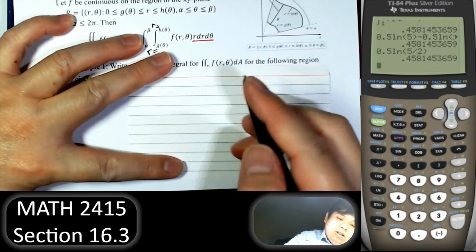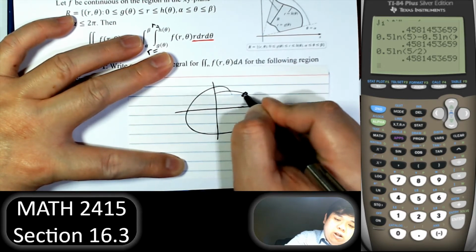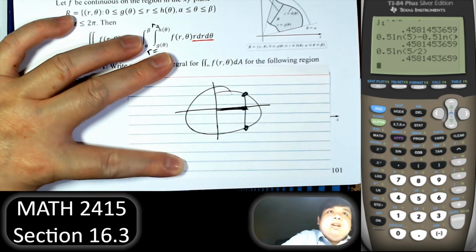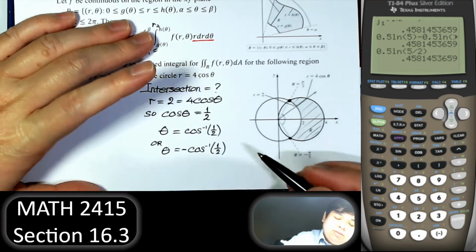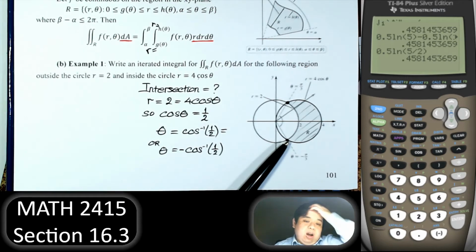Because in a unit circle, these 2 points have the same x values, therefore the same cosine values. So cosine inverse of 1/2 should be pi over 3.